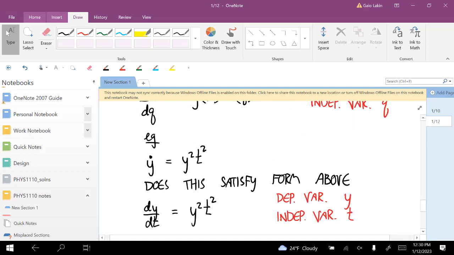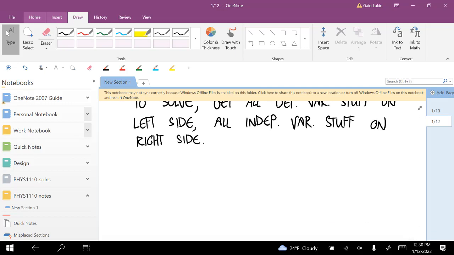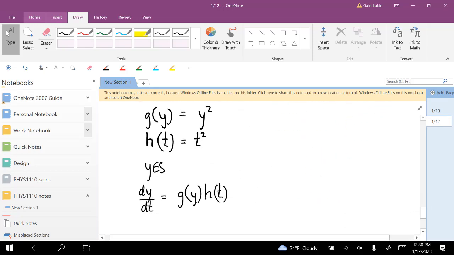So with our general function here, we're going to have df over g of f on the left side. And on the right side, we're going to have h of q dq.